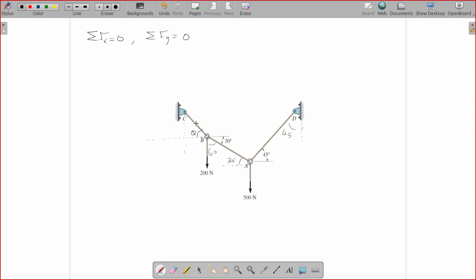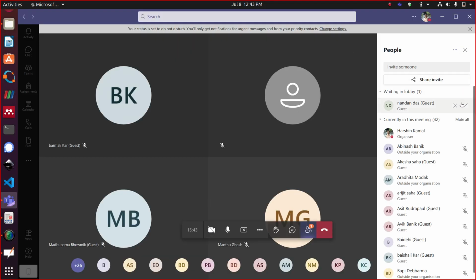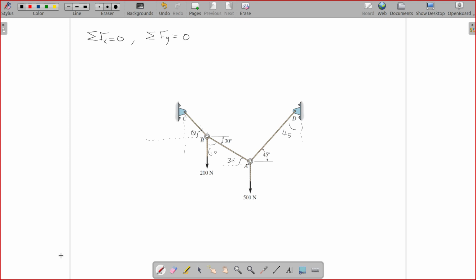That's true. So from each of these sections, each of these joints, we can come up with an equilibrium equation.